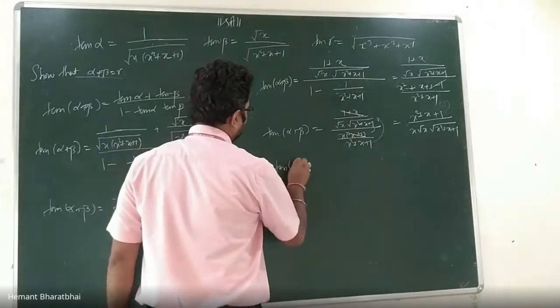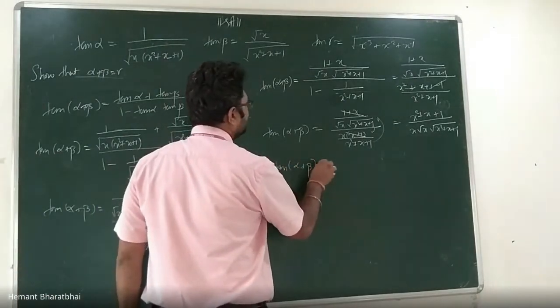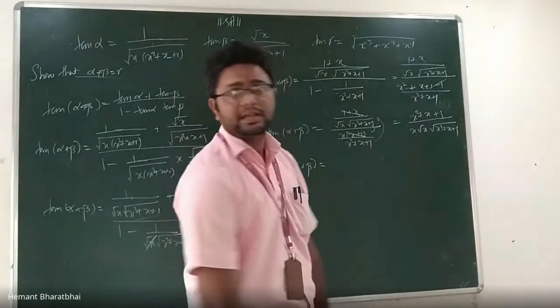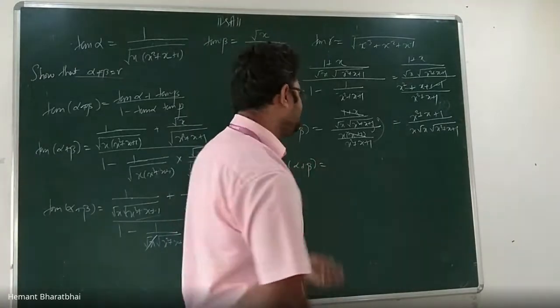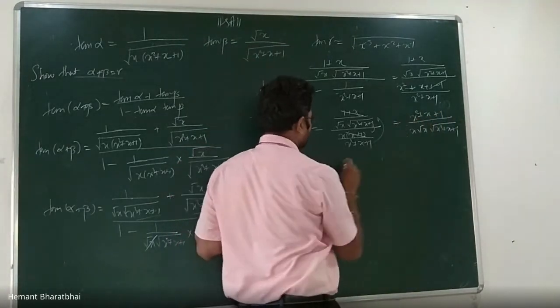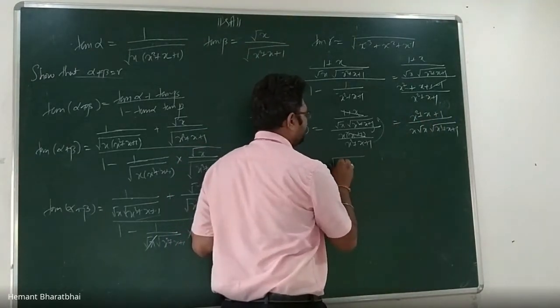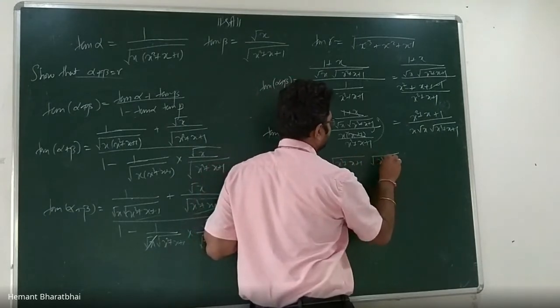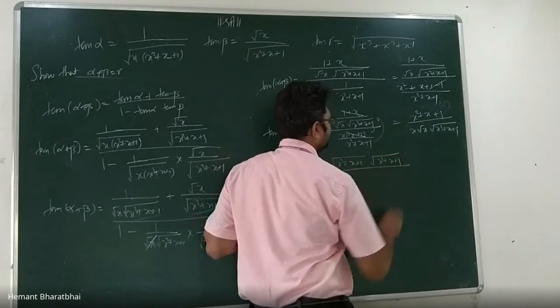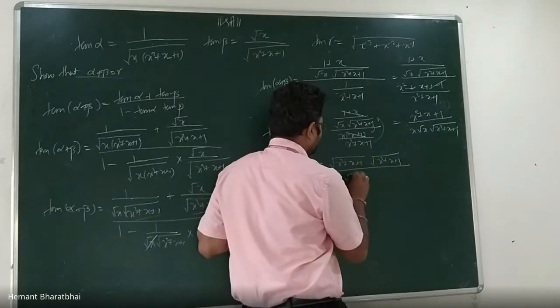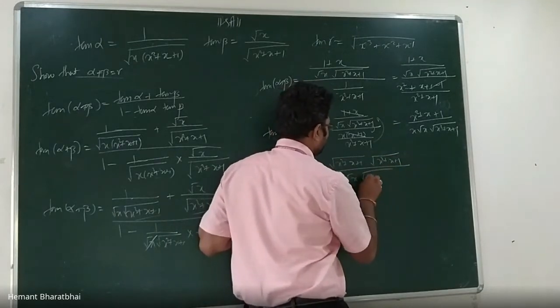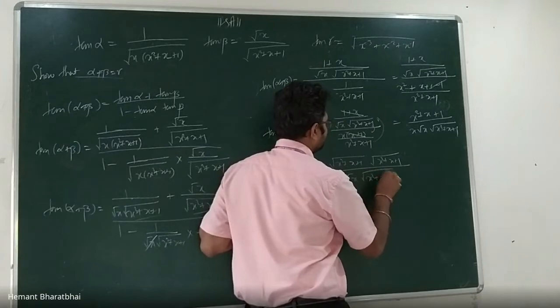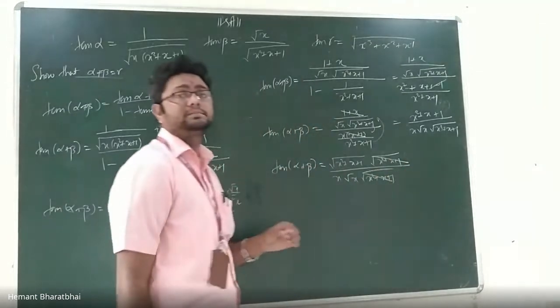Therefore, I will get tan of alpha plus beta is equal to, x can be written as root x into root x, hence this can be written as root of x square plus x plus 1 into root of x square plus x plus 1, the whole upon x into root x into root of x square plus x plus 1. So this one term gets cancelled.